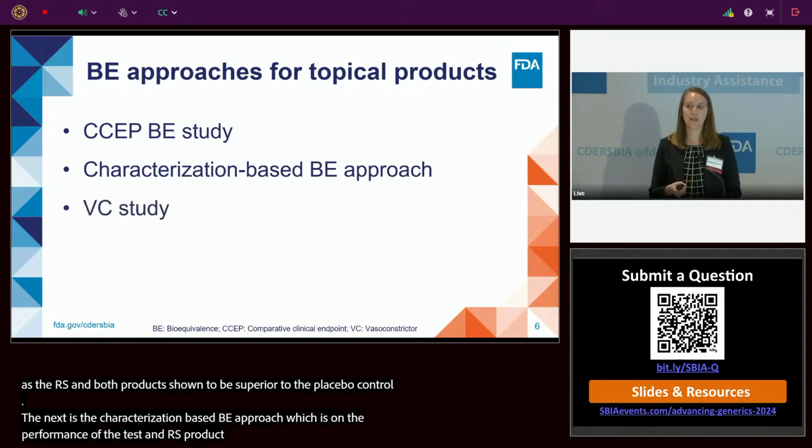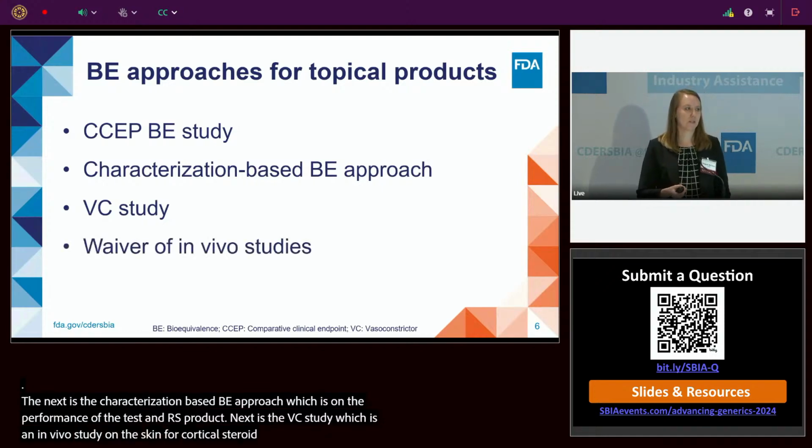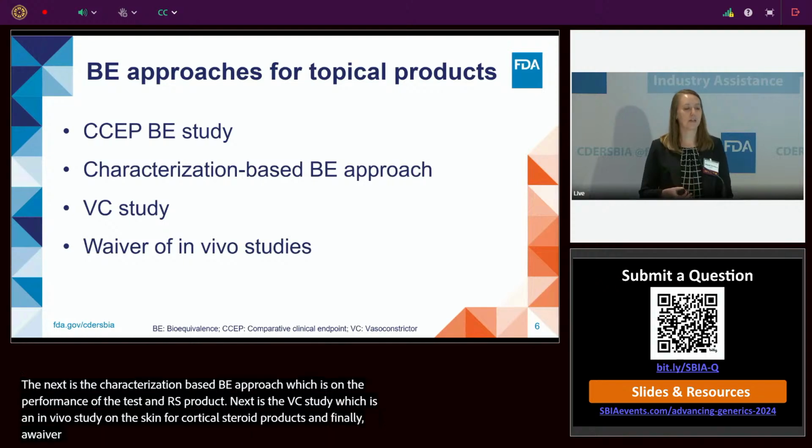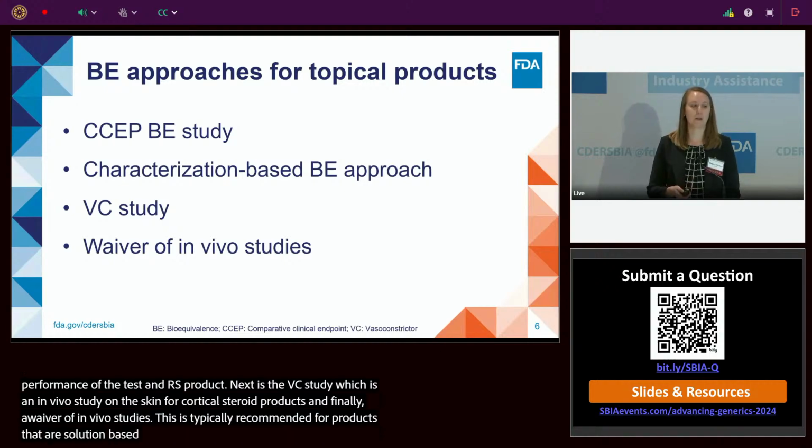Next is a vasoconstrictor study. This is an in vivo study comparing the skin blanching effect of the test product versus the RS for corticosteroid products. And finally, a waiver of in vivo studies. And a waiver is typically recommended for products that are solution-based where bioavailability is considered to be self-evident.